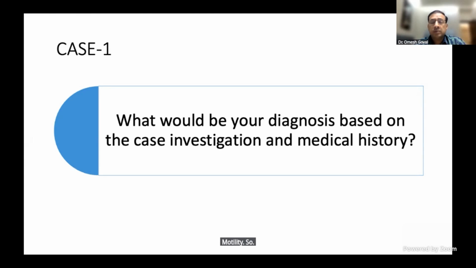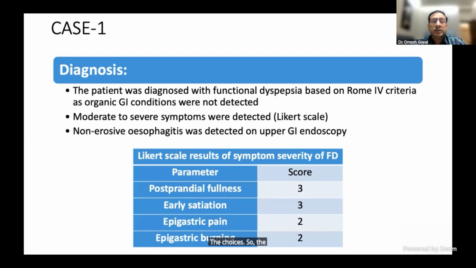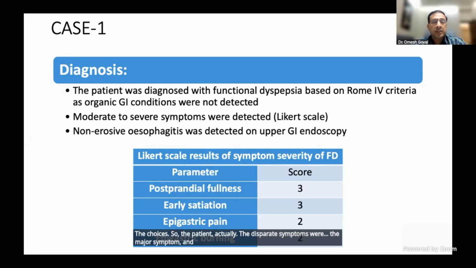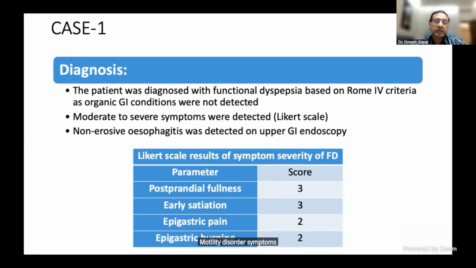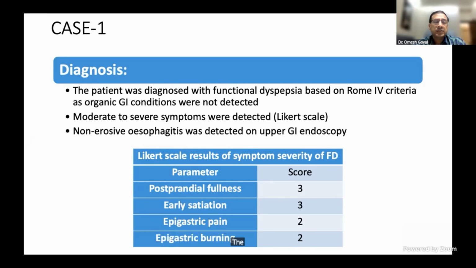So based on this, what would we consider the choices? The dyspeptic symptoms were the major symptoms, and the motility disorder symptoms were lower. So we can easily label this patient as functional dyspepsia based on the Rome criteria, as organic diseases were ruled out. The symptoms we assessed on the Likert scale were moderate to severe.